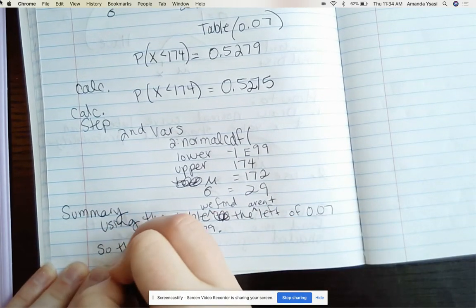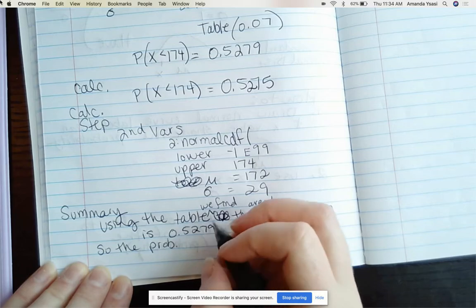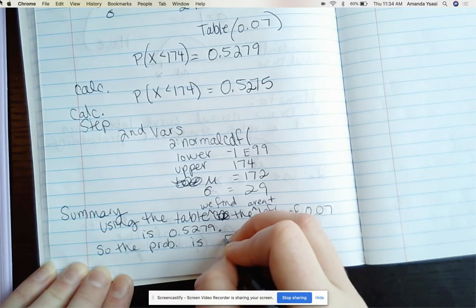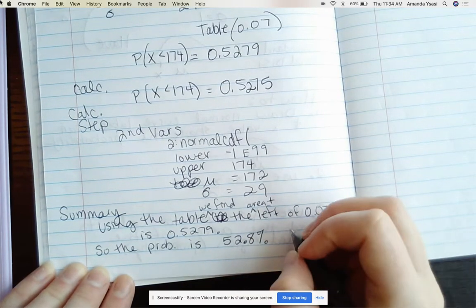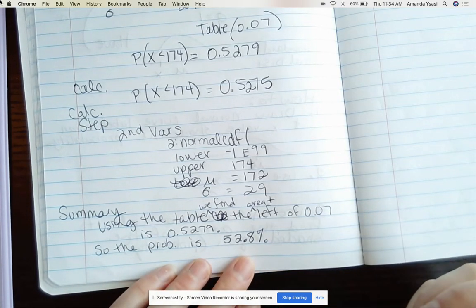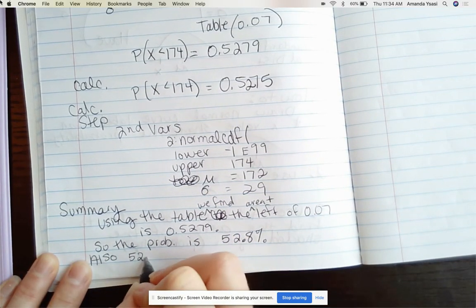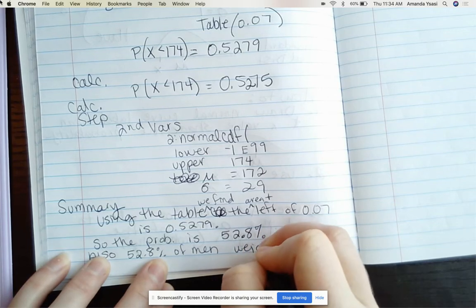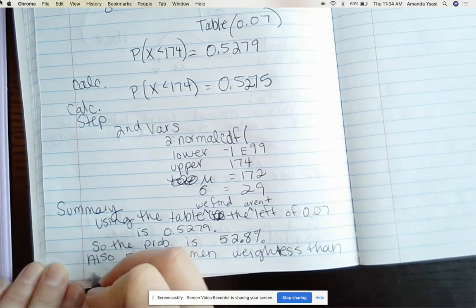So the probability is 52.8%. So the probability is also 52.8% of men weigh less than 174 pounds.